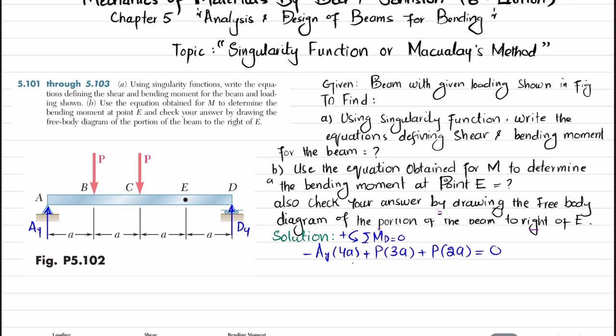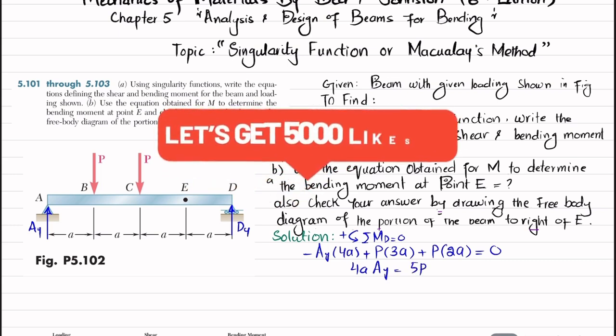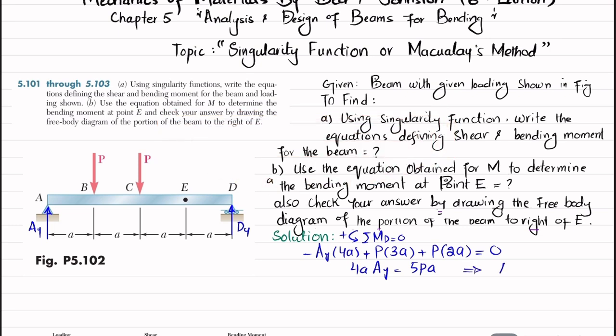So it means that 4A AY is equal to 5PA, and you can get AY equal to 5 by 4 P. Clear? And if you solve this, you will get 1.25 times P. So this is the vertical reaction of the pin support on the beam.